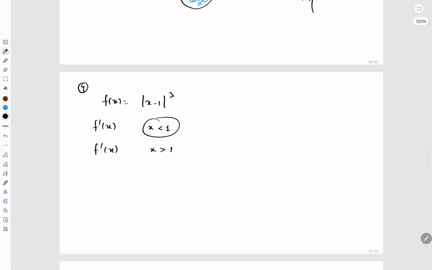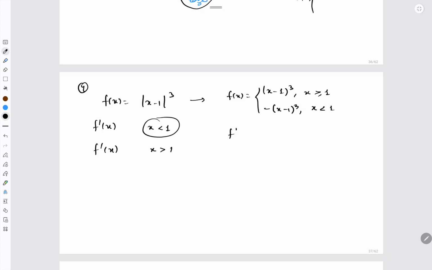So if I write this function, f of x is equal to x minus 1 whole cube if mod of x minus 1 cube is positive, and it will be positive if x is greater than or equal to 1, obviously. And it is minus x minus 1 cube if x is less than 1.